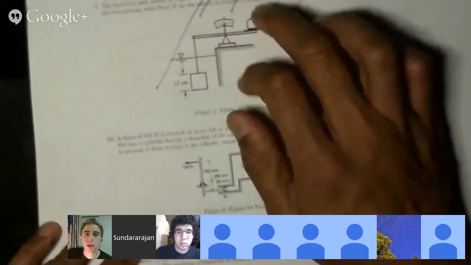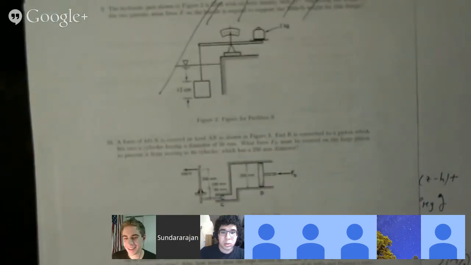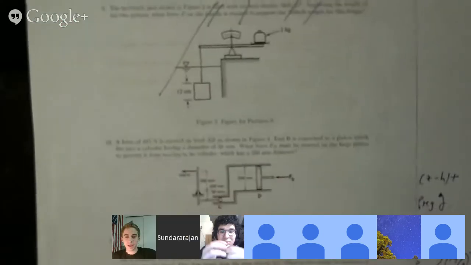It's not for the same problem. Yeah, I was like, that does not look like a hydraulic jack. No, it's not. I was trying to solve it and I couldn't figure out what I was doing either. So this one is correct. Yeah, I tried applying it to the bottom figure 3, but I just wasn't sure.